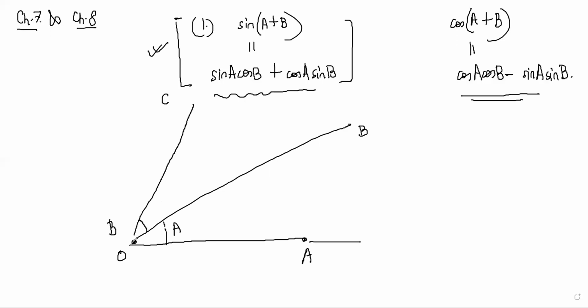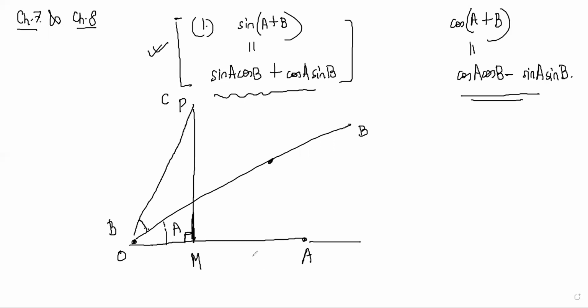Ultimately, what I need to get is sine of A plus B, right? So I need to drop a perpendicular from C to OA. Then only I'll be getting sine of that total angle. So let's drop a perpendicular from one point here P to this point here M. If I wanted to say something about sine of angle A, then I have to drop a perpendicular from some point here to this.